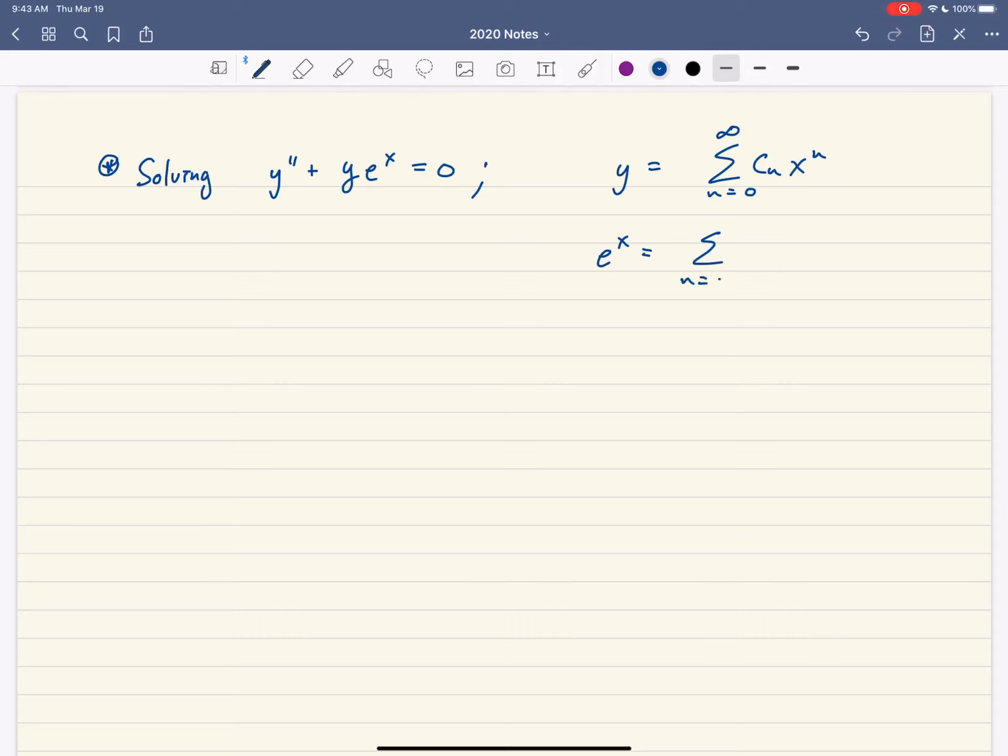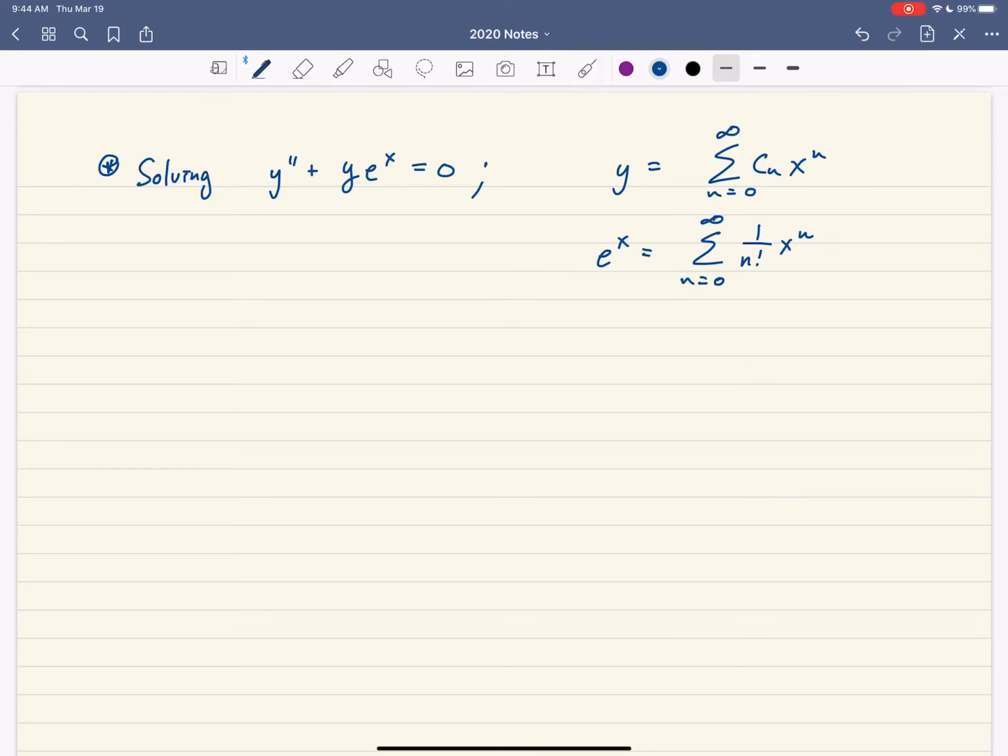So e to the x, if we write it as a power series, I'm going to center e to the x at 0 because that's where we've centered our power series. So this is going to be the sum of 1 over n factorial x to the n. Okay, so that's our power series for e to the x.